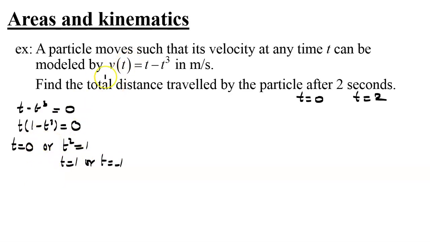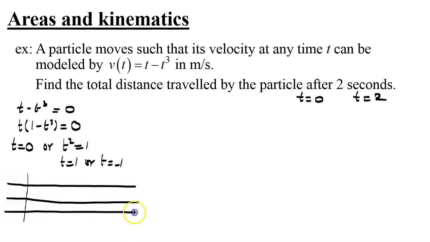Now that I have the roots of v of t, I set up a table of signs. v of t consists of two factors. The first one is t, the second one is 1 minus t squared, and their product gives me v of t.